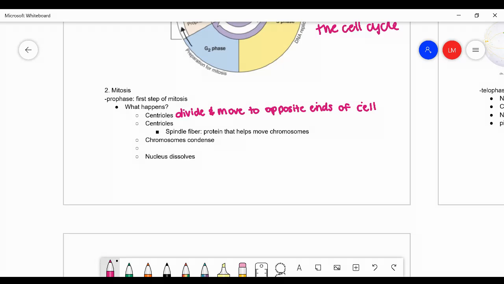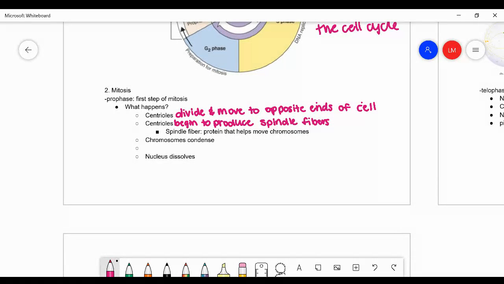Then the centrioles begin to produce spindle fibers. Spindle fibers are a protein that helps move chromosomes around during this process.